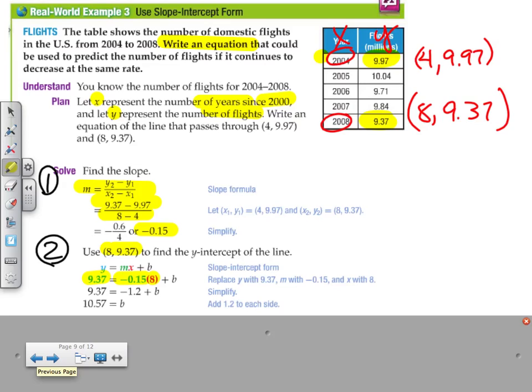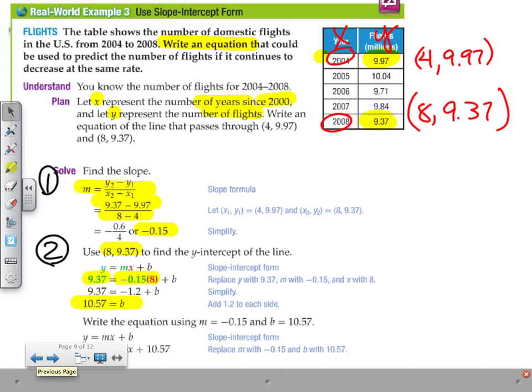And we're going to solve for B. And we find that B is 10.57. All right? Now the last step is you're going to write the equation. Using the things we know, we know B and we know M. And we do that and we see that y equals negative 0.15x plus 10.57. All right?